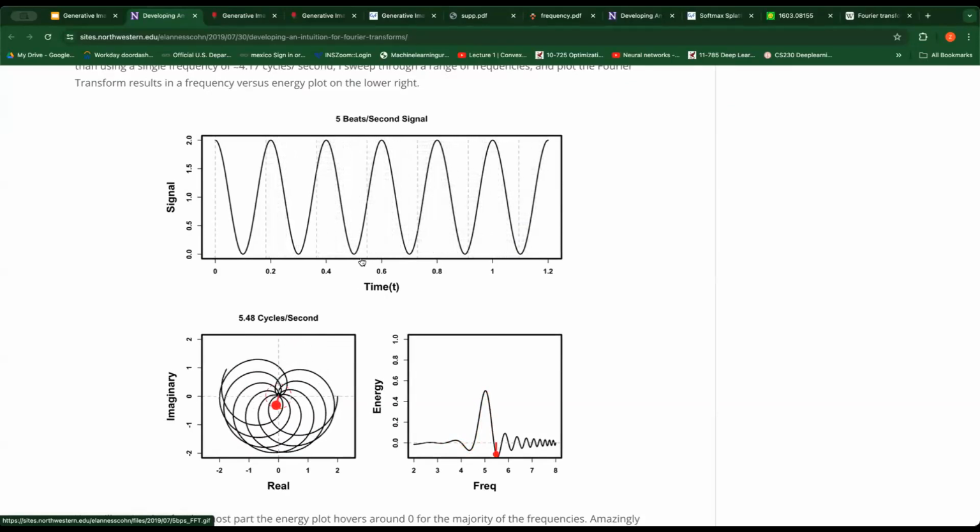And for the Fourier domain, also called the frequency domain, the x-axis is no longer time. It will be changed to frequency. So you can throw the time away. How you throw that away in this picture is with something called winding frequency. The winding frequency just tells you how many circles per second.